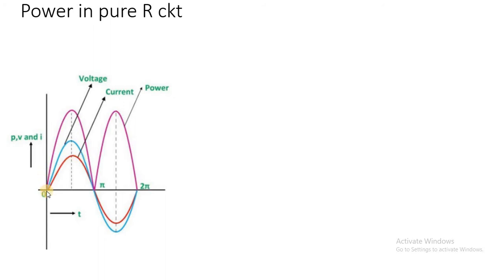So now just have a look at the period 0 to pi. In the period 0 to pi, the instantaneous values of voltage are positive and the instantaneous values of current are also positive, because the voltage positive half cycle is going from 0 to pi and the current positive half cycle is also going from 0 to pi.